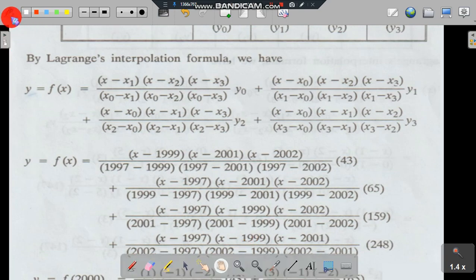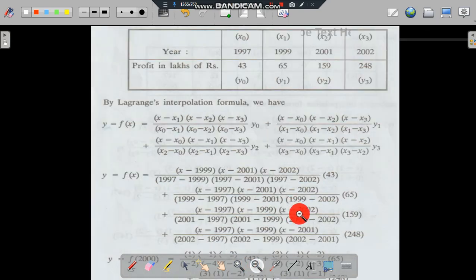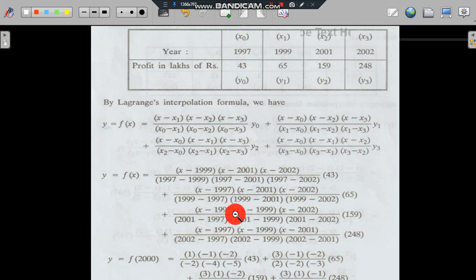We will do it like that. So now what do we get? We get this step, and this is the third step: x minus x0, x minus 1997, into x minus 1999, and x minus 2001, divided by x3 minus x0. x3 is 2002, so 2002 minus x0, which is 1997.